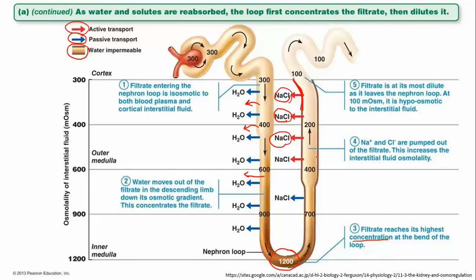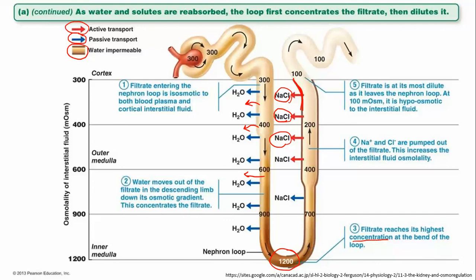Then, once it comes up here, that is when you're going to start pumping out sodium chloride, which is going to dilute the urine. You're keeping the water, but you're diluting the urine. And that is basically going to be controlled by your body. If you are not drinking enough water, you will probably have less leakiness of, sorry, I don't remember the parts of this, of the tube that's going down versus the tube that's going up.